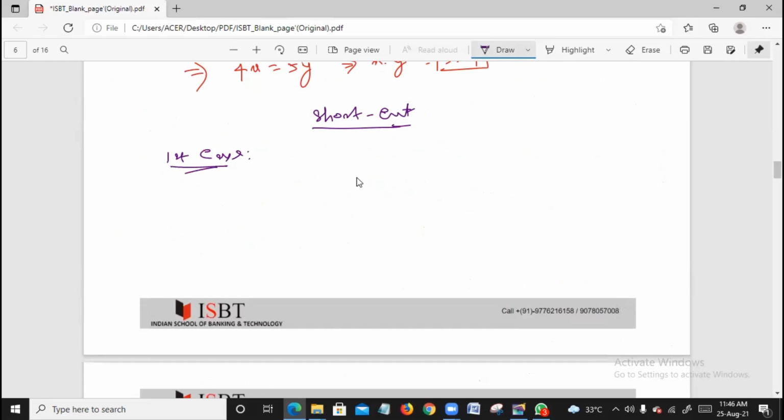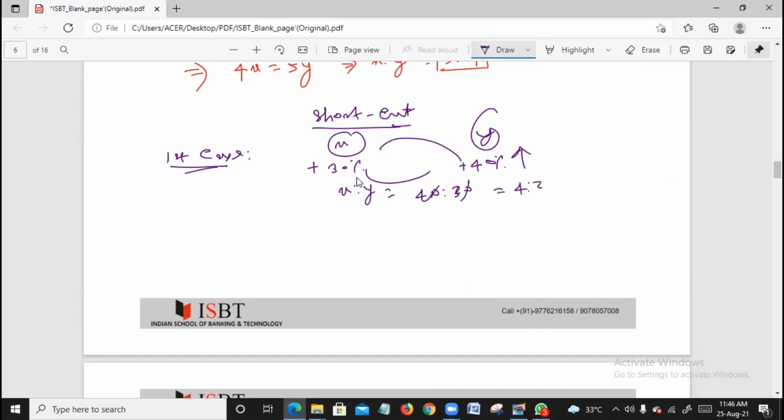So suppose this is the x, this is the y. X का 30% add हो गया, add means plus. Second number increases by how much percent? उनका 40% increase हुआ. These both are plus. So what is the ratio between two numbers? Simple reverse कर देंगे. 40:30. 4:3. You can take any numbers, just reverse one.